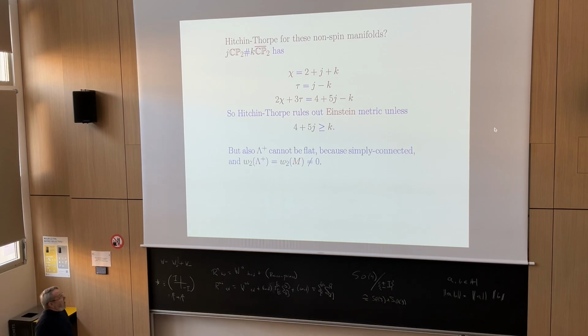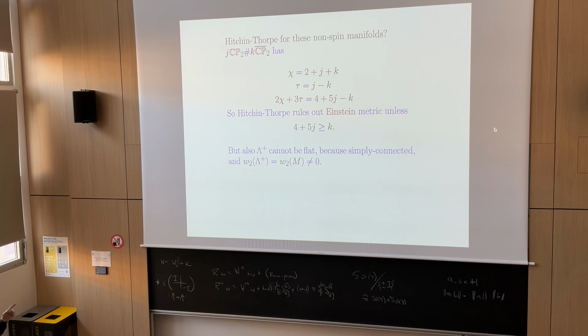Now, these are non-spin manifolds, and it turns out that the bundle lambda plus has the property that its second Stiefel-Whitney class is the same as the second Stiefel-Whitney class of the four-manifold. So actually on all of these manifolds, lambda plus, the sub-bundle of the two-forms, is a non-trivial bundle because they're non-spin.